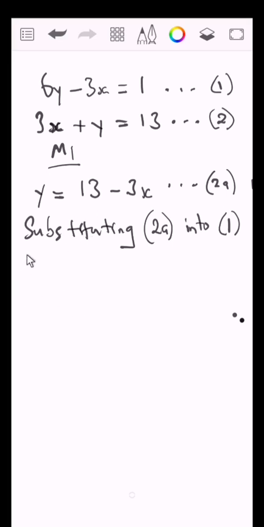We write it as 6, and instead of writing y, we substitute with 13 minus 3x. Then minus 3x, it's equal to 1. So this equation is just the first equation, but instead of writing y, we substituted with the bracket 13 minus 3x.